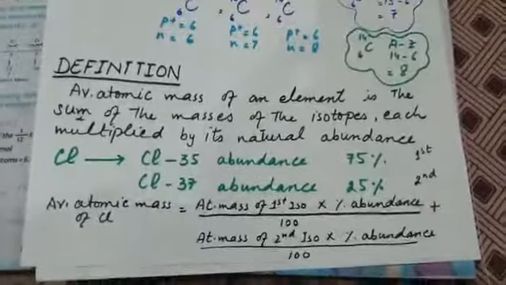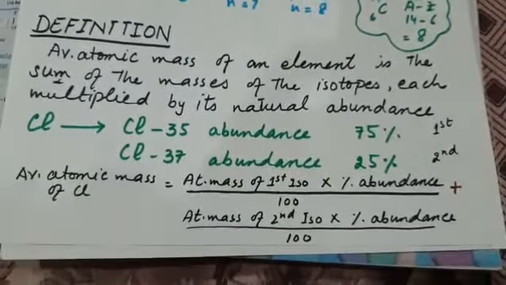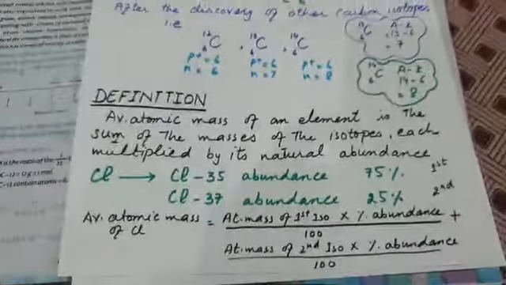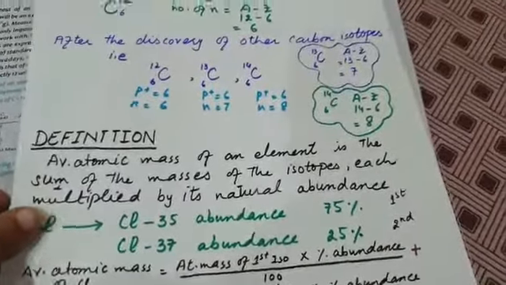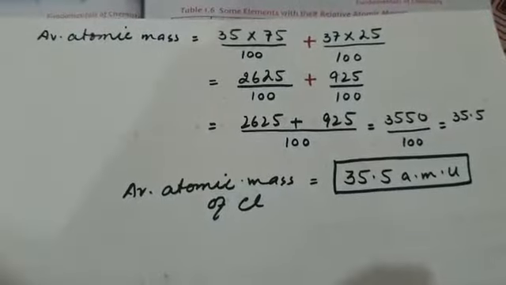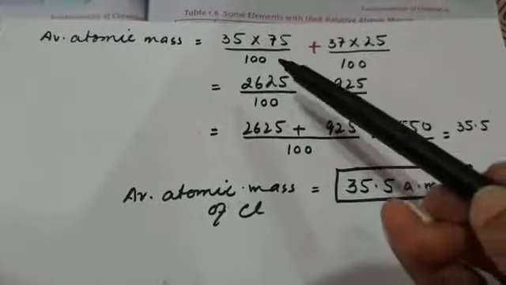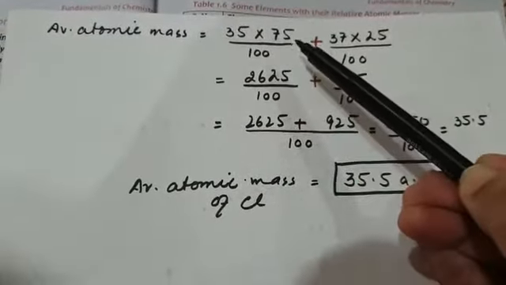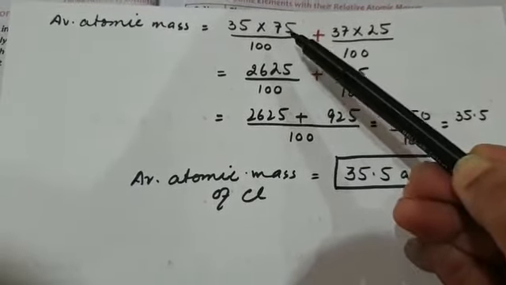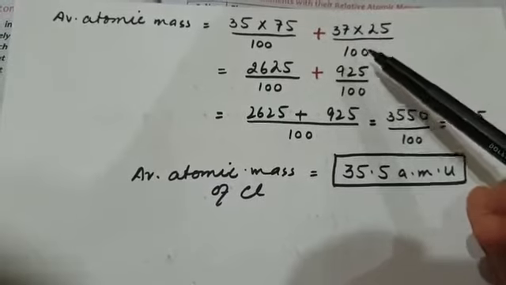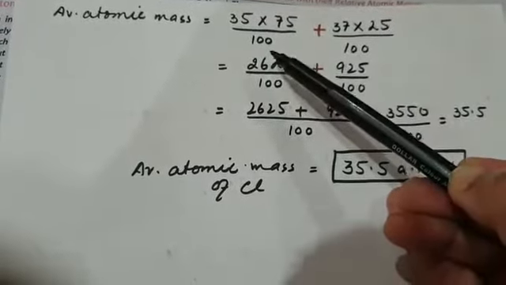Now, as the data indicates, we have the formula, and now we will put these values in the formula. This is the calculation for the first isotope: 35 multiplied by 75, its percentage abundance. Then the atomic mass of the second isotope with its percentage abundance, and this is 100, which is present in the formula.